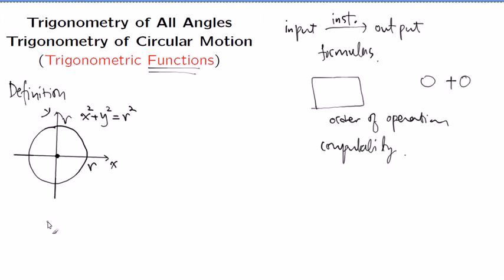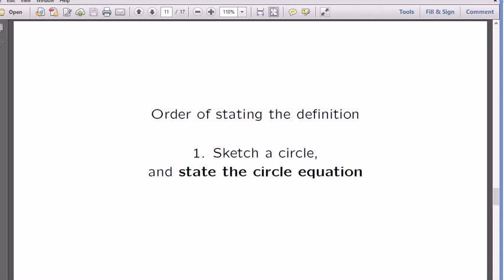That distance formula actually leads to that. The left-hand side is the square of the distance from 0, 0 to an arbitrary point on the circle. It should always be R, so it's R squared. So that's the standard circle equation. Make sense? All right. That was step 1. Sketch a circle and state the circle equation.